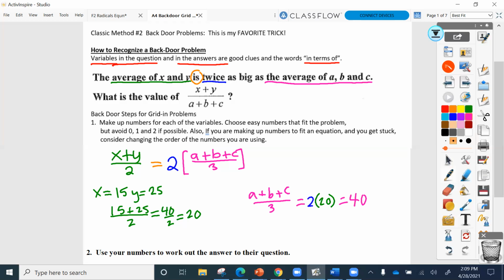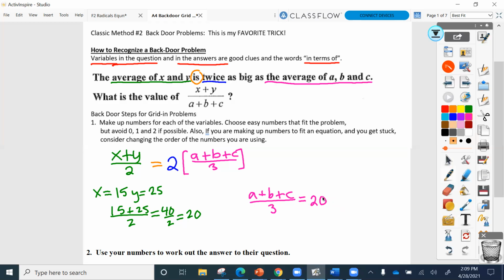Actually, that is not right. So A plus B plus C needs to be, since the 20 needs to be twice as much as the average of 3 numbers, really, we want this to equal half as much as 20, right?